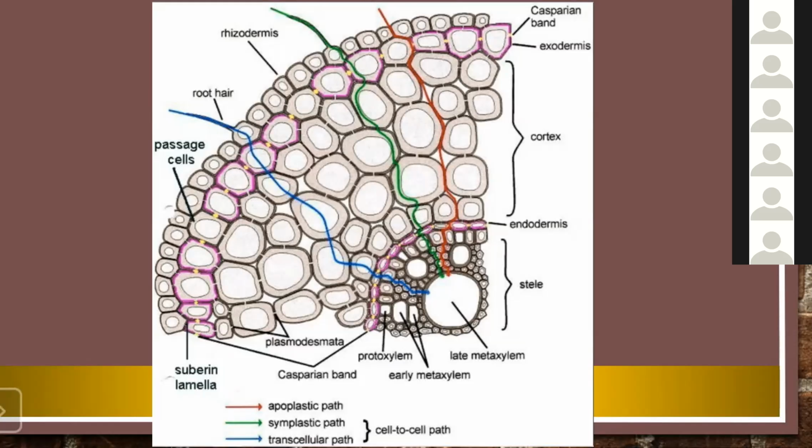Then from the xylem tissue, because of other forces that are there, water will be able to move upstream. And that bit is what will be looked at in the next lesson.